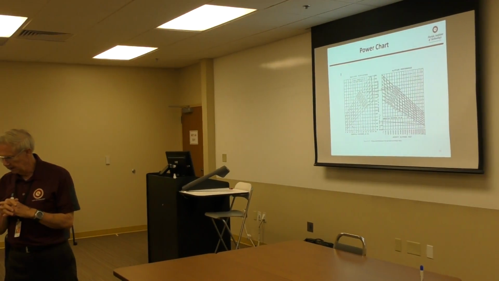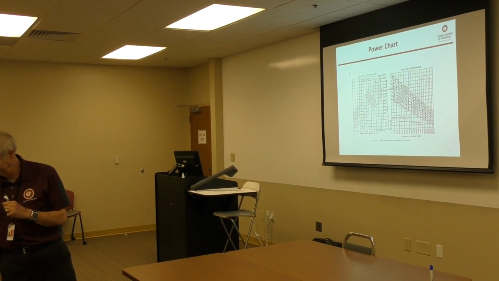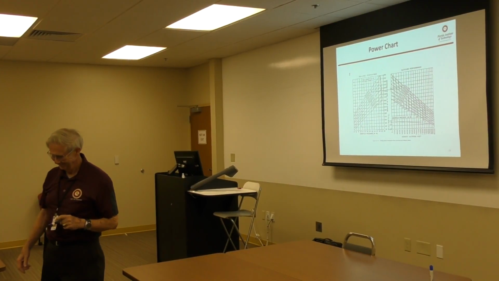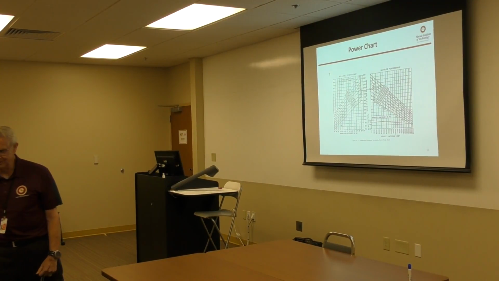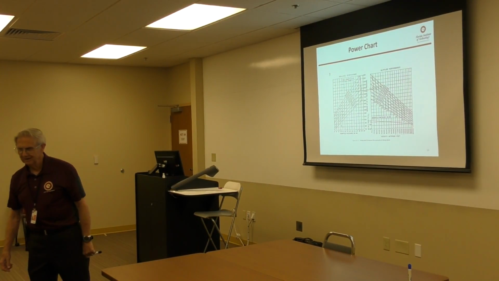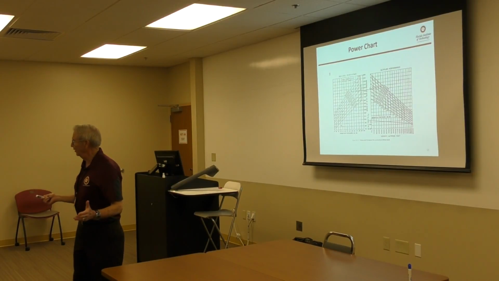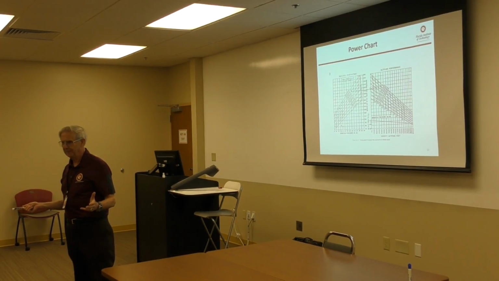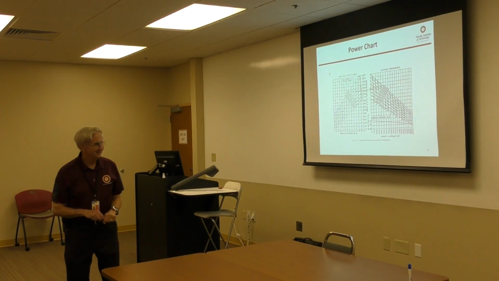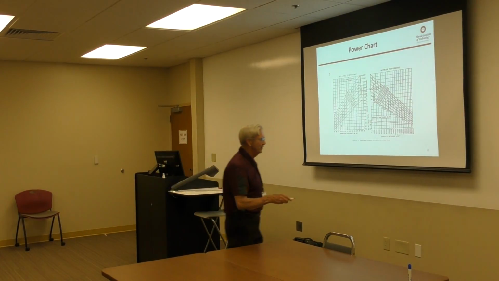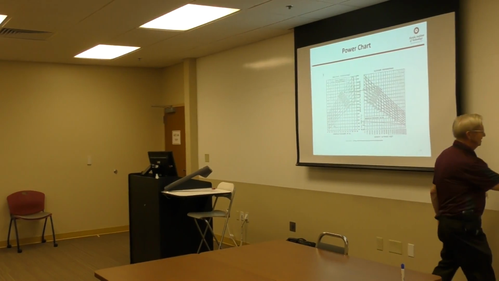You're on the wrong side. What did you get on the sea level side? 188? 190? Yeah, that'd be closer. 190, okay? Everybody agree with that? So that's the sea level side on your chart.